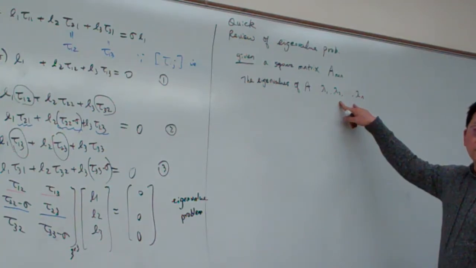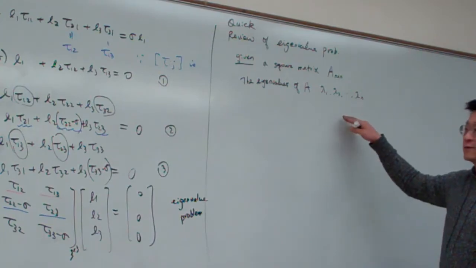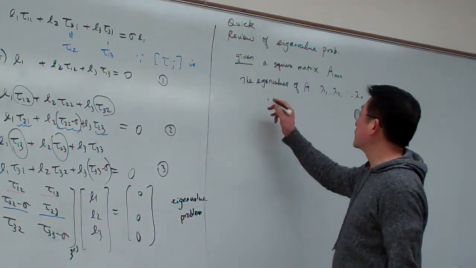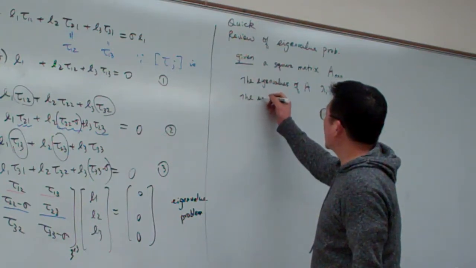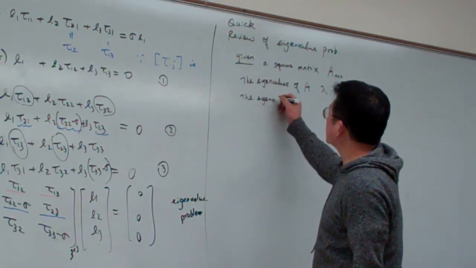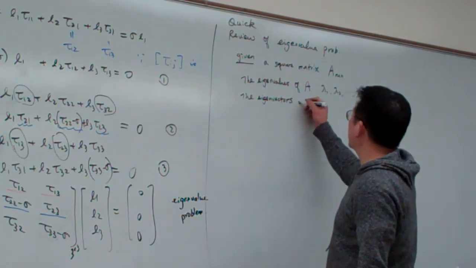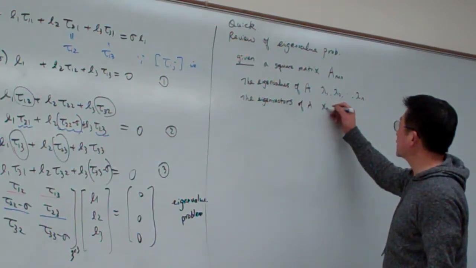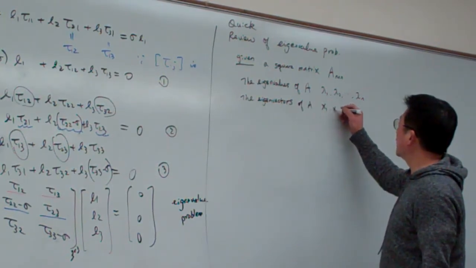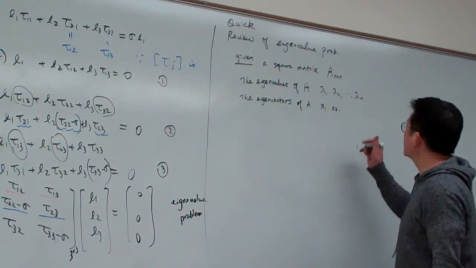In mathematics, they could be complex conjugates, but that's a different thing we won't cover here. The eigenvectors of A, let's say the vectors x1, x2, x3, and so on.